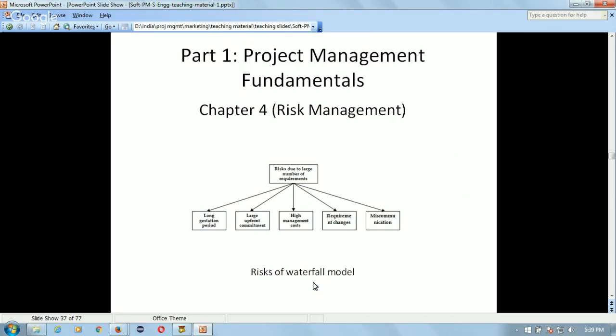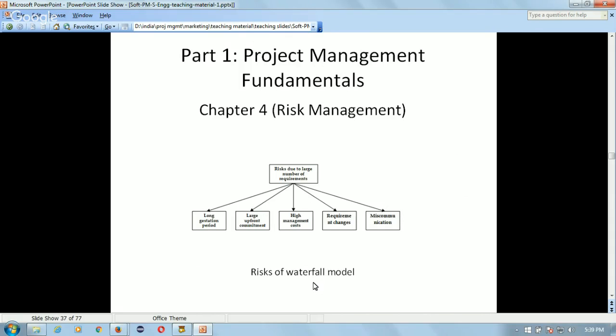When they ask for some changes in the product, then some rework will be involved, and a lot of things may need to be changed in the software product. So it is a big risk.